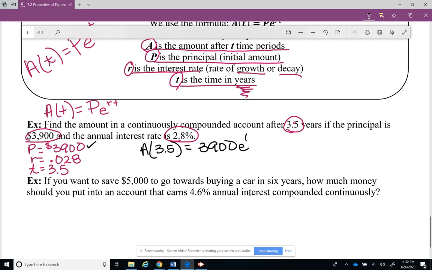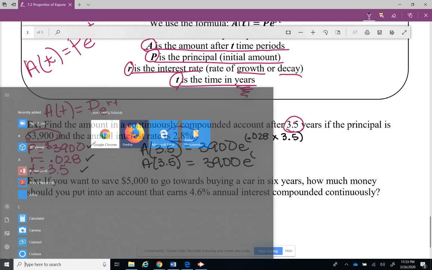It's being raised to the power of R, which is 0.028 times, I'm going to put an X for times, okay, the T, which is 3.5. Now we're going to go ahead and put that right there in our calculator, okay? So I'm going to go ahead and write A of 3.5 equals 3,900 e to the, and then we're going to put whatever we find out.